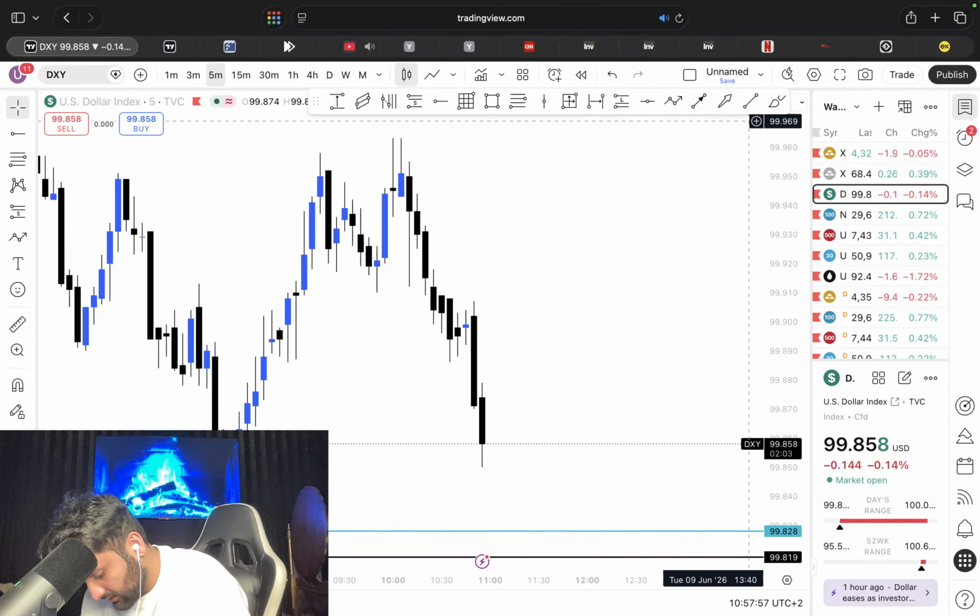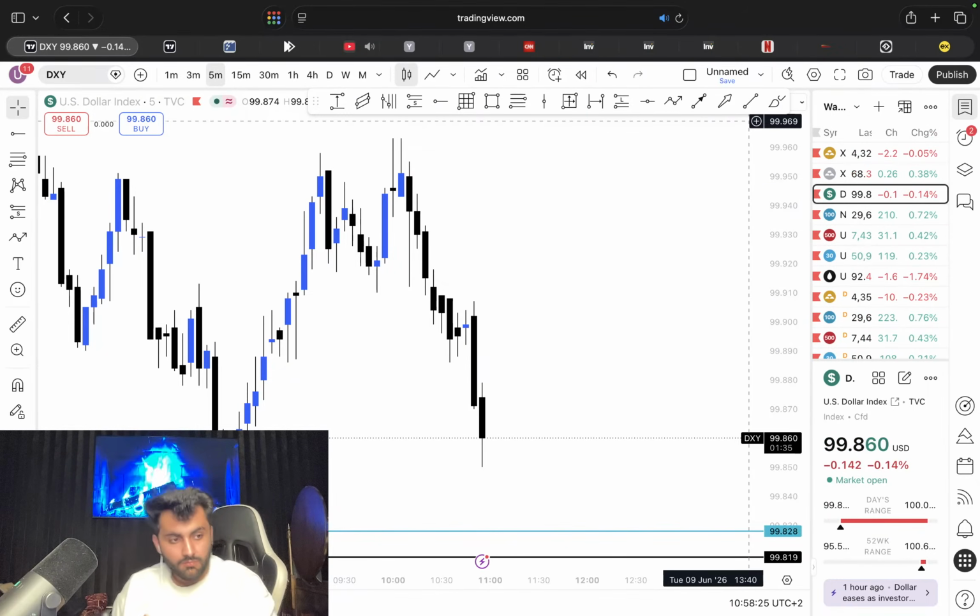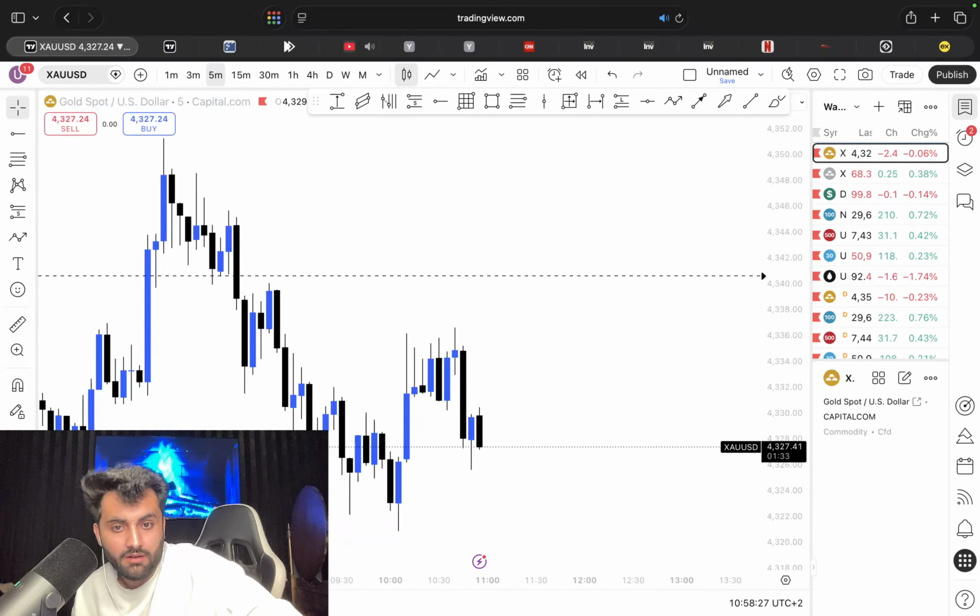Other than that, the setup looks clean. DXY is moving in a strong downtrend, which is a bit worrying. Wait, I wanna see something here.